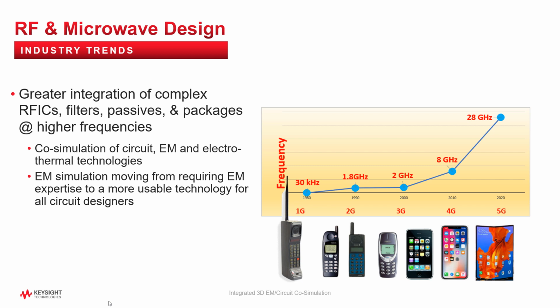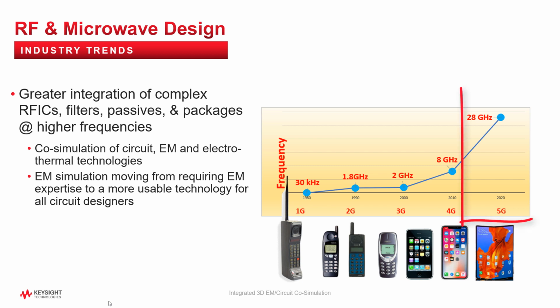This directly translates into denser and denser integration of complex modules with RFICs, MMICs, passives, packages, and antennas at higher frequencies. This also means that the design of these components and integrated modules are now becoming more challenging because circuit simulation must definitely be combined with 3D EM simulation to account for parasitic effects of the complex multi-technology integrated structures.